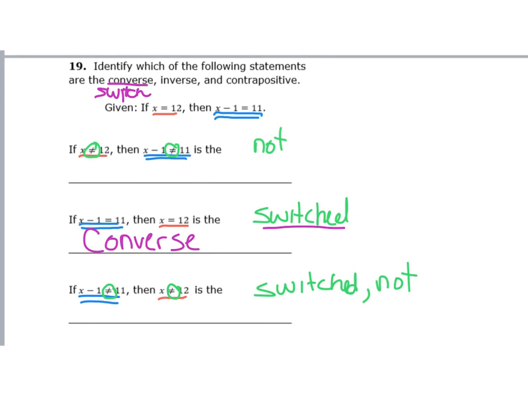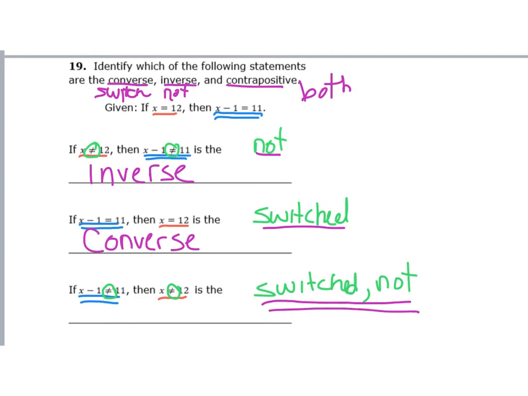My keyword for inverse is not, so I want to see where I just used not, and that would be the first one, so that's my inverse. The keyword for contrapositive is both. When I look here, I can see I switched it and I used not. So that's both, making the last one my contrapositive.